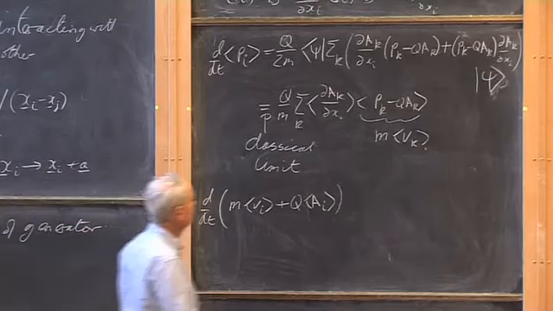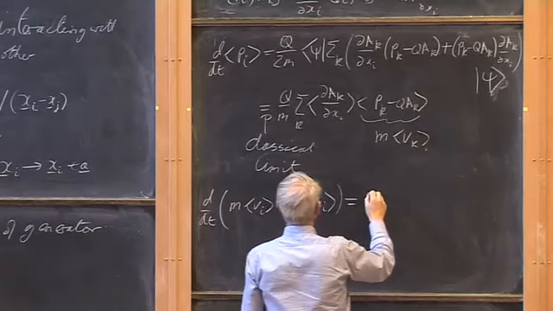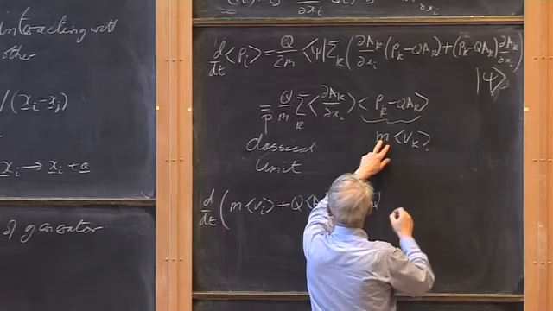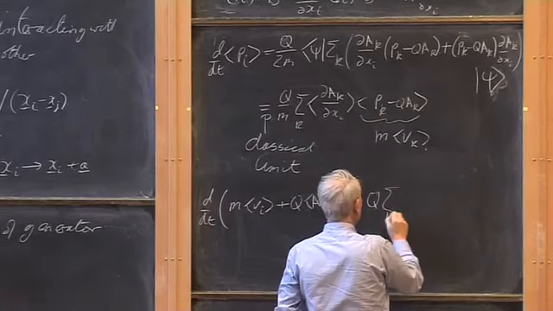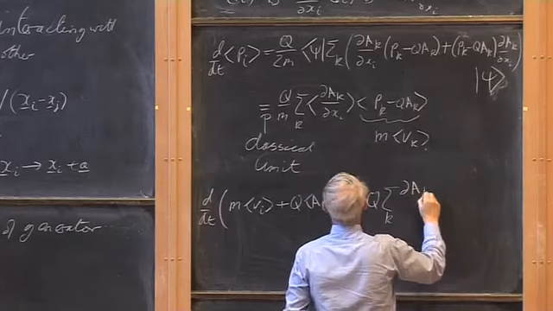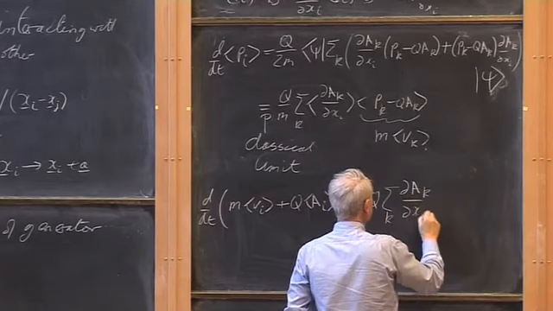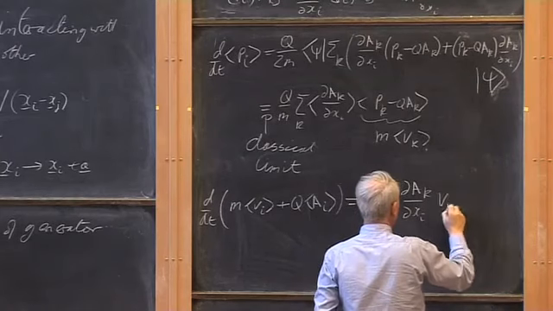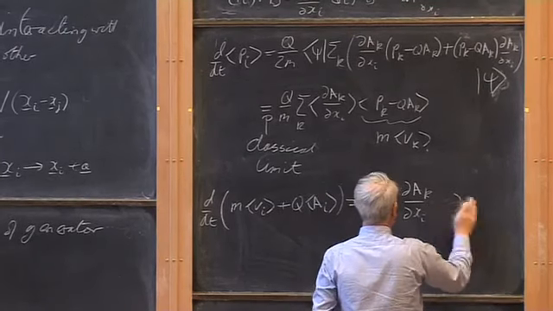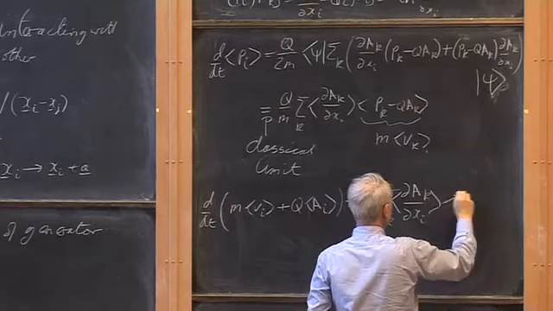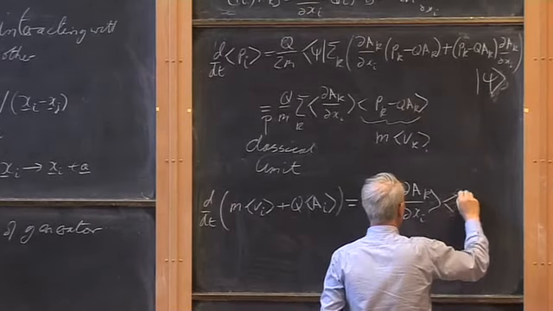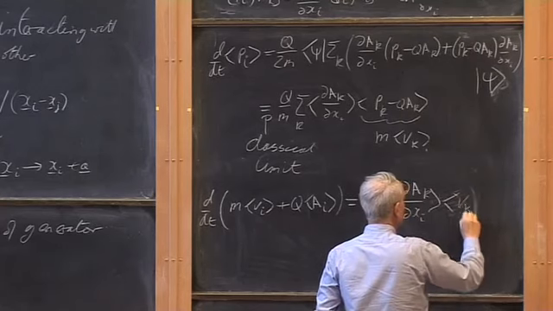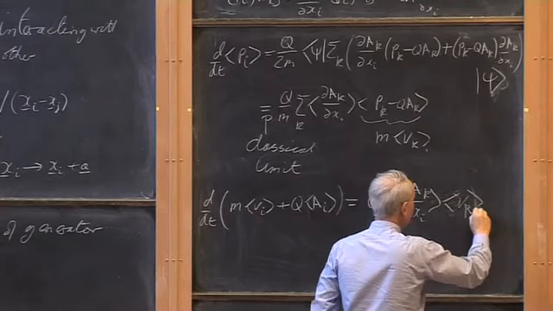And that is going to be q, because the m's are going to cancel, the sum over k of dAk by dxi times vk. And we ought to put an expectation value around everything, because we are dealing now with expectation values. We've explicitly gone to the classical regime.